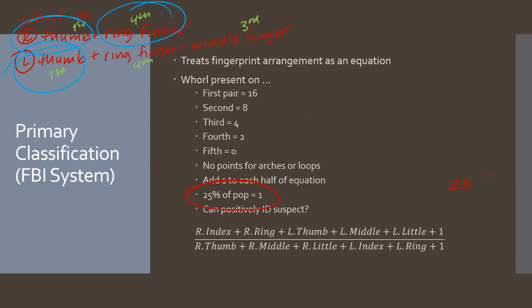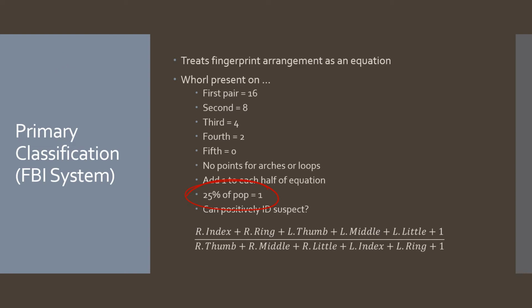So does this seem like a characteristic that you can confirm somebody's identity for sure, or a good way of ruling out somebody's identity? That's right, it's a good way of ruling out somebody's identity.